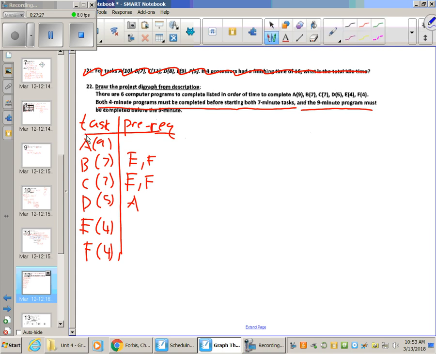project diagram. Okay, so remember, whenever I draw this, I always start at the left.